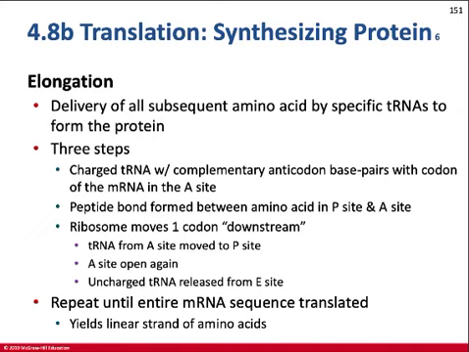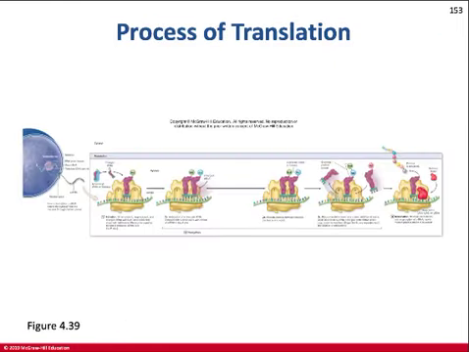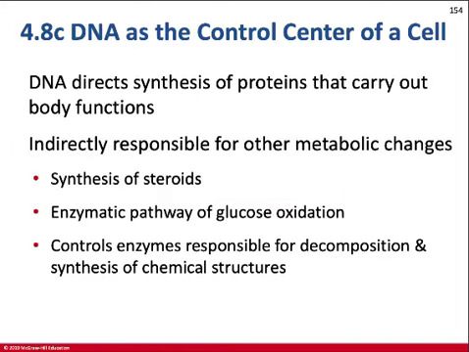The tRNAs come in, they dock on the A site. The amino acid in the A site gets attached to the amino acid in the P site, and then we slide down 3 and we kick out that now empty transfer RNA, and we do that until we get to the stop codon where the release factor binds the A site, the ribosomal subunits split, and the protein's released.